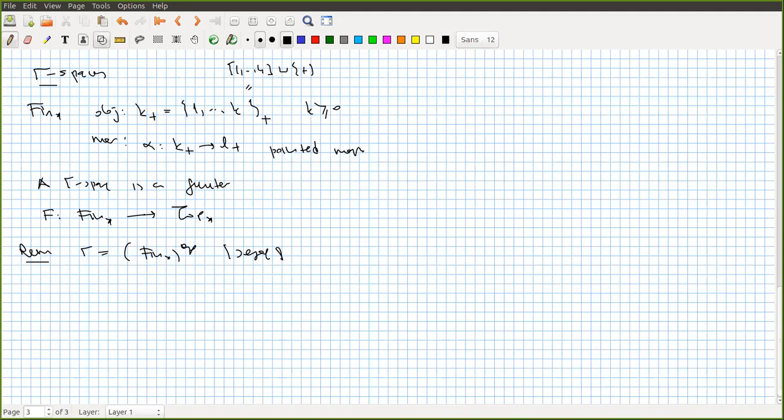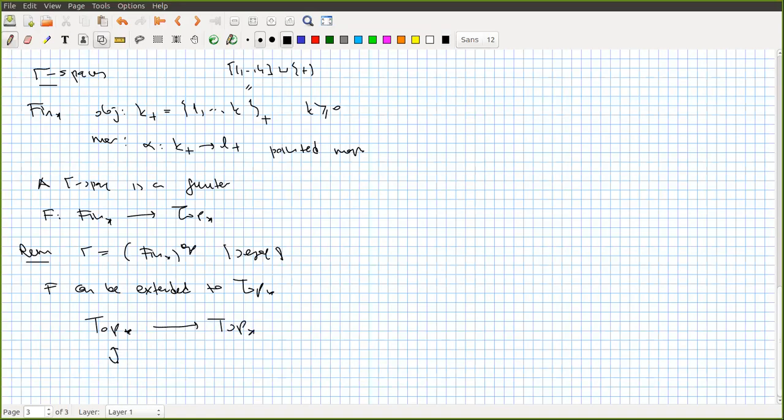Okay, so given a gamma space, F can be extended to all pointed spaces. So essentially, we can construct a functor.